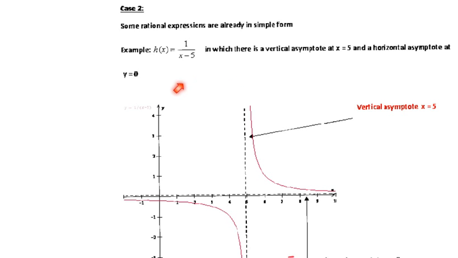In this case, there are no holes for this rational function. It's just like the first video: a rational function with an asymptote where x is equal to 5, which is that vertical line right here, and has not been shifted up and down, so the horizontal asymptote is y equals 0.